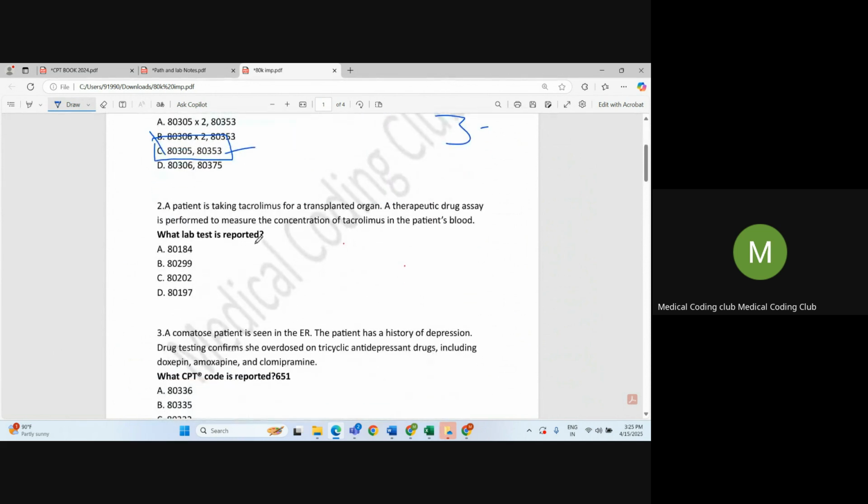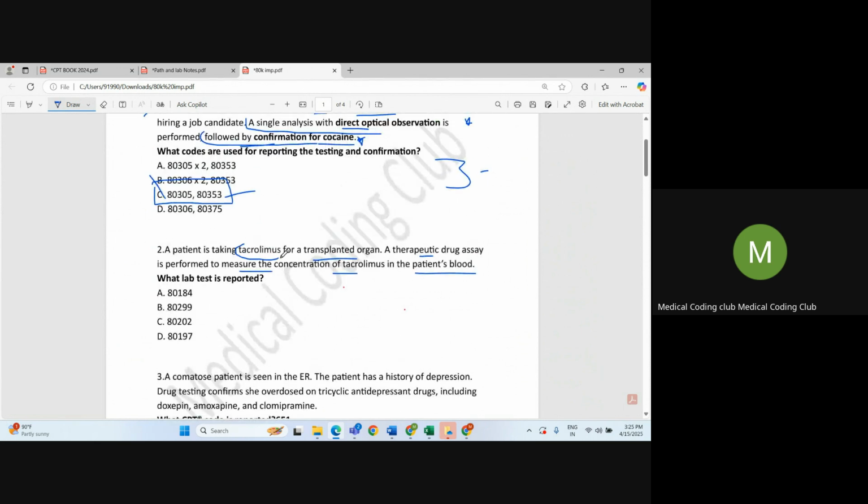Next question: a patient is taking tacrolimus for a transplanted organ. Therapeutic drug assay is performed to measure the concentration of tacrolimus in the patient's blood. All you have to do is check for therapeutic drug assay, and under that, look for this medication, tacrolimus.